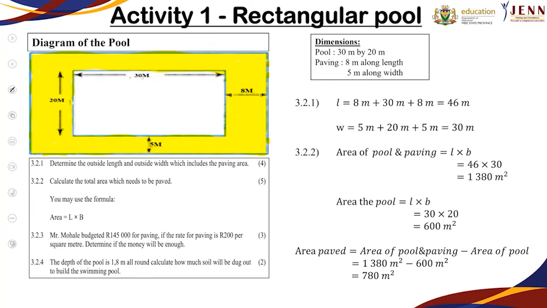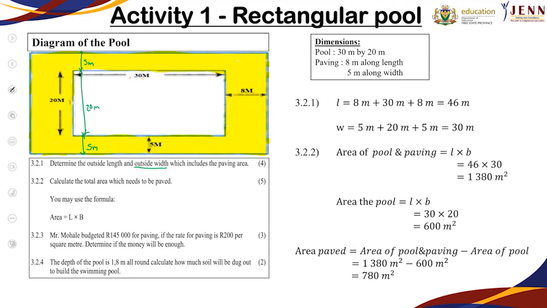All right, now let's get to the width. So the question states, what is the outside width? Now the width is made up of the 5 meter of the paving area plus the width of the pool, which is 20 meter, plus also the other side of the paving, which is 5 meters.